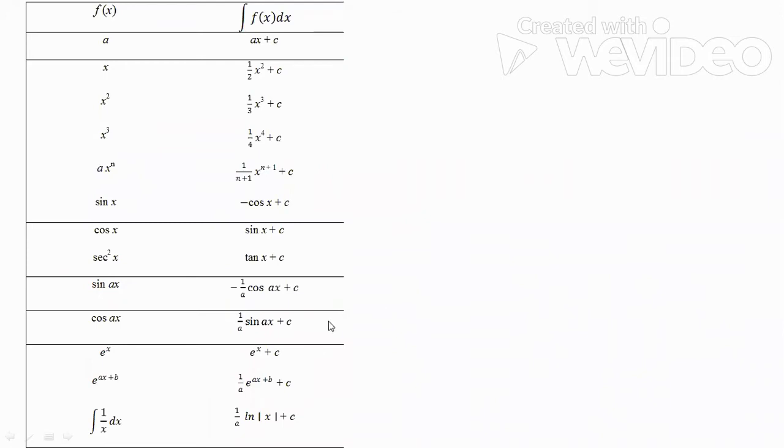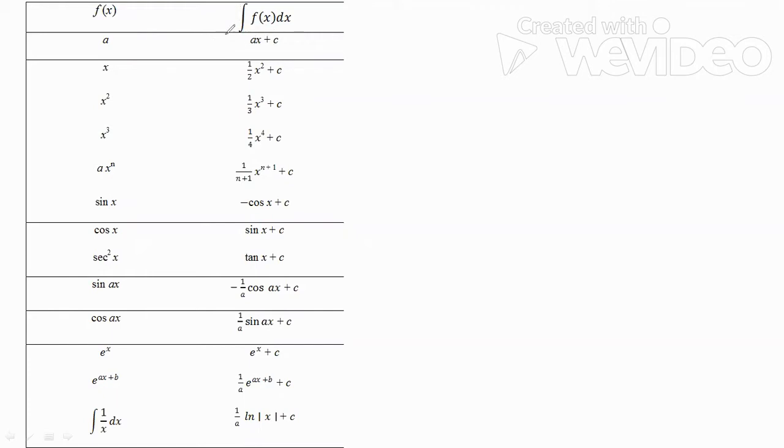Let's look at some useful information here. This is the part where I will teach you how to actually integrate. On the left column we have the functions, and on the right column we have the integral of f of x.